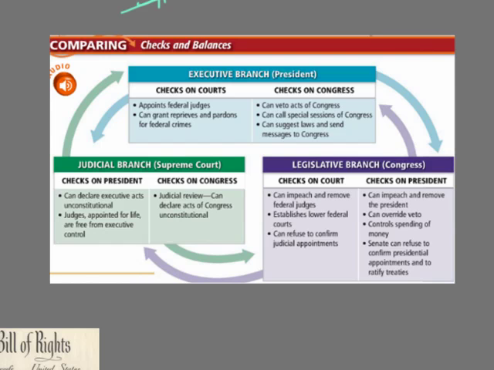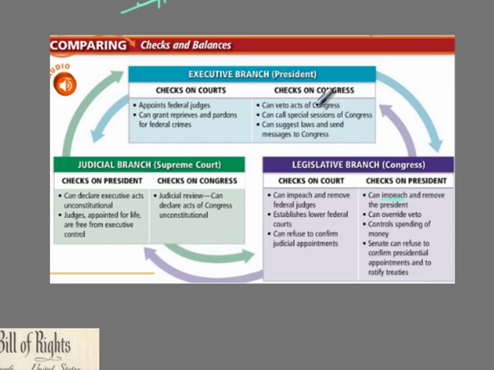For example, if we look at this chart, you can see that the president can veto acts of Congress to not make them laws. That means if Congress is making a ridiculous law, then that won't happen because the president can veto it. But if the president is taking too much power, the legislative branch, Congress, has a check on him where they can impeach him, which is right here.